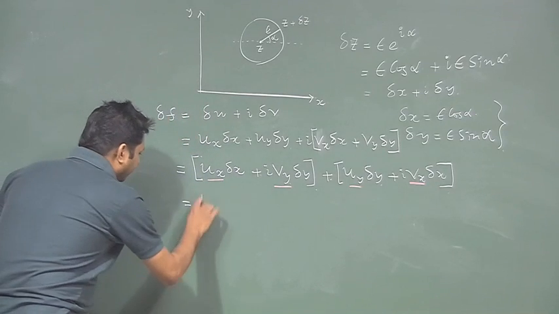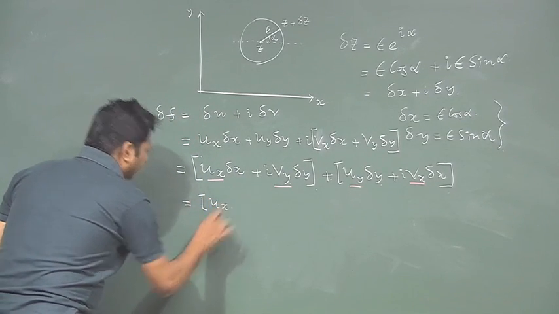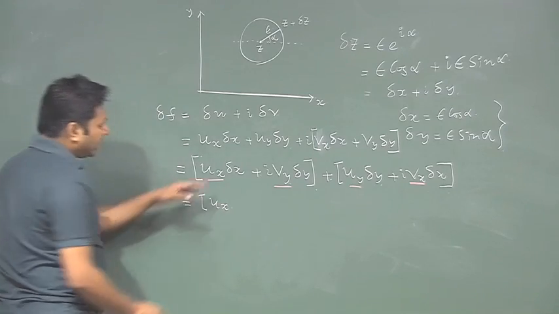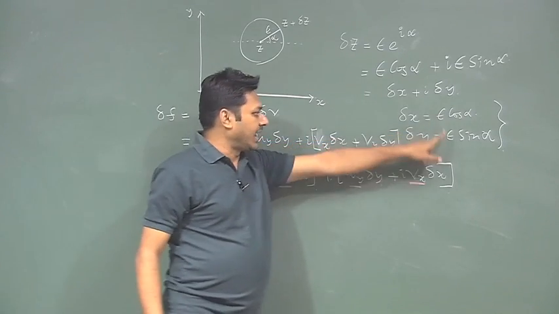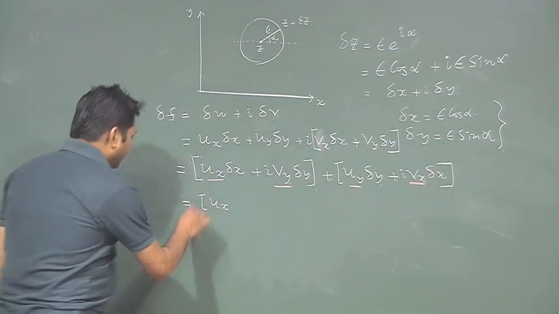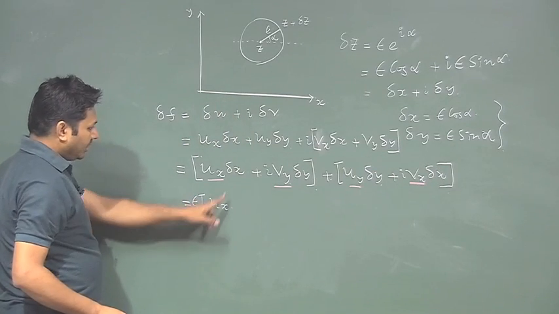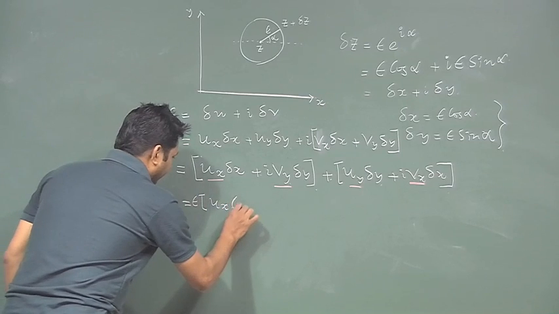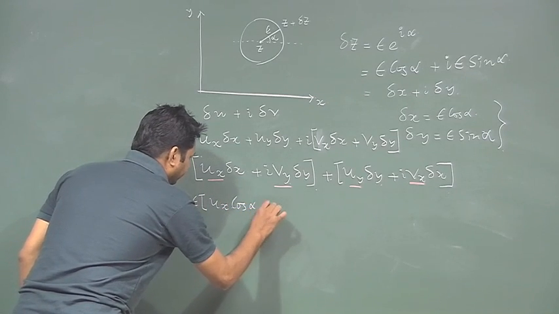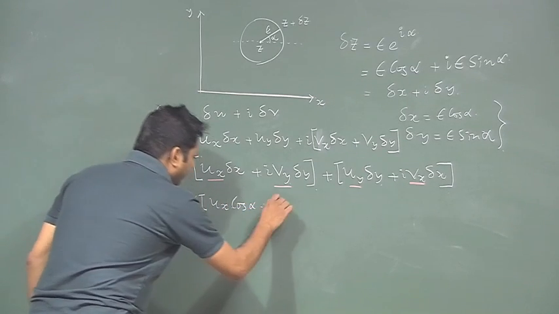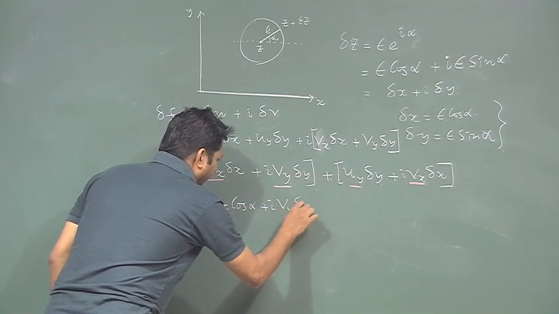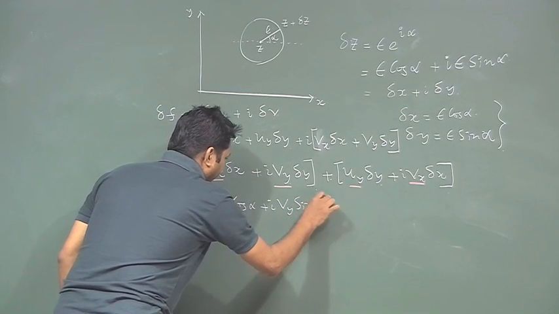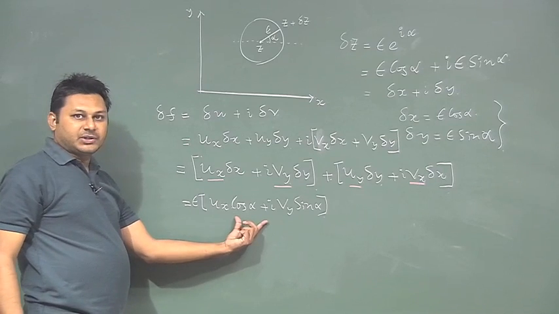So, it is u_x. In both cases we have epsilon, so I can take epsilon outside: u_x delta x is cos alpha plus i v_y sin alpha. This is my first expression.